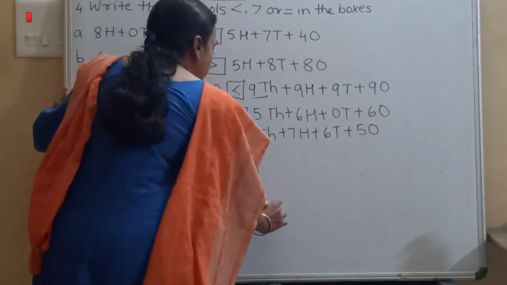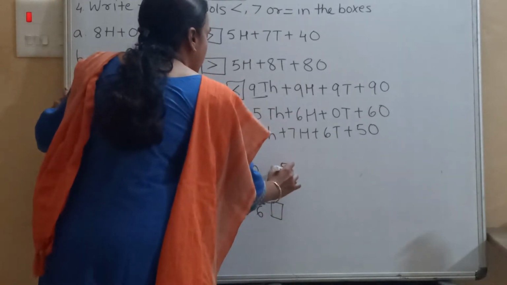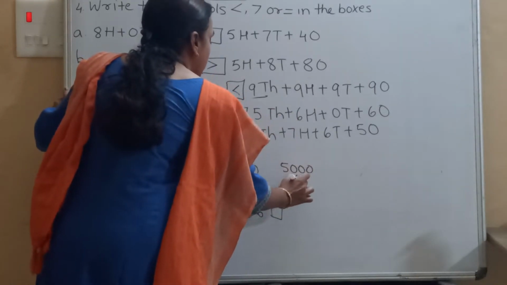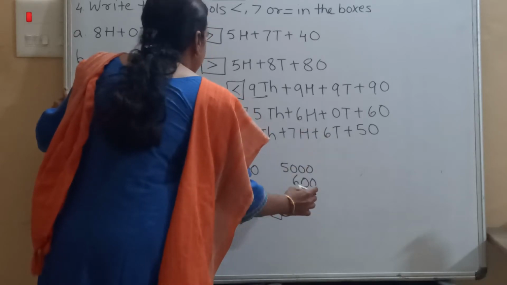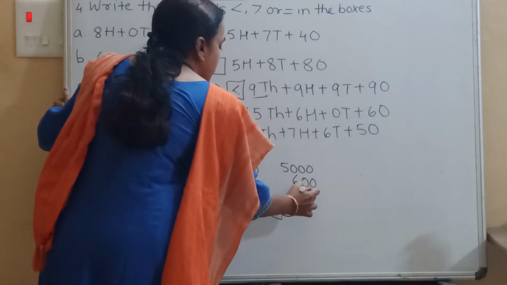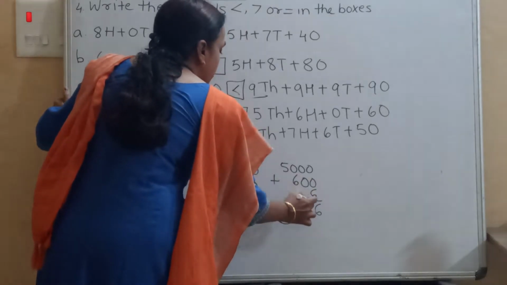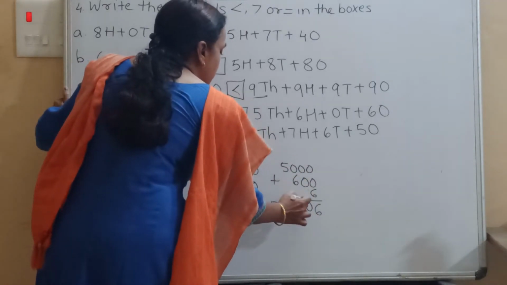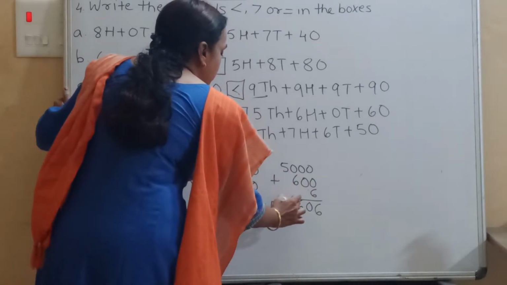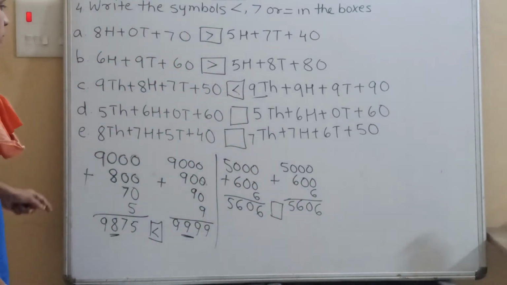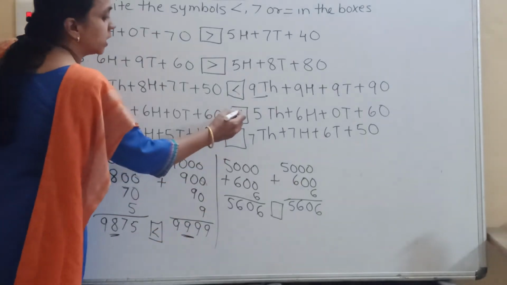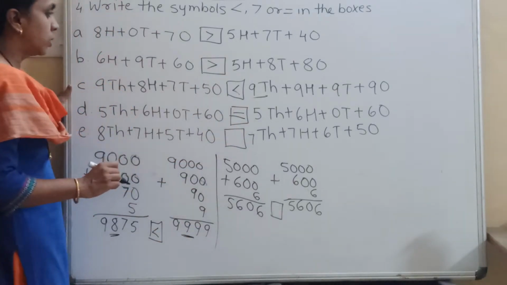Then this side, what is that? 5,000 plus 600 plus 0 tens means 0 plus 6 ones means 6. 6 plus 0, 6. 0 plus 0, 0. This part as it is. So both the answers are the same here. So we have to give the equal to sign here.